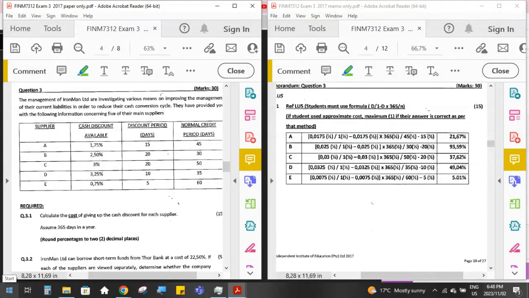And this also comes out of Learning Unit 5, Management of Current Liabilities chapter, but it wasn't covered in the assignment. And this is the cost of giving up settlement discount.